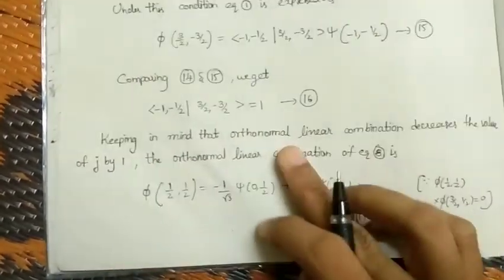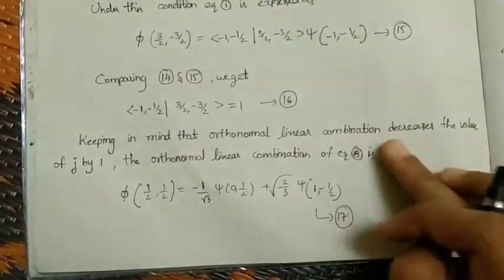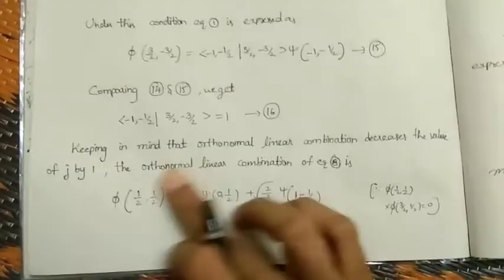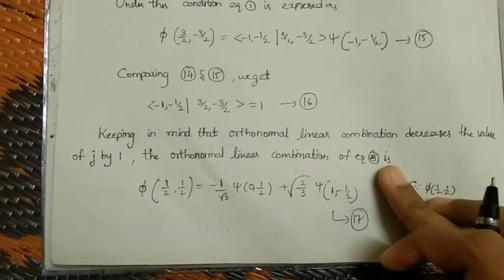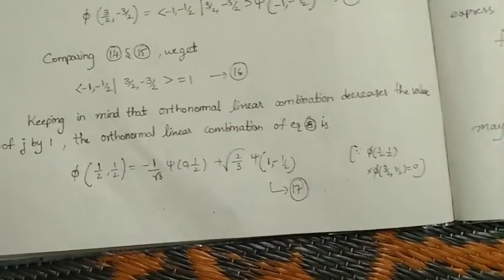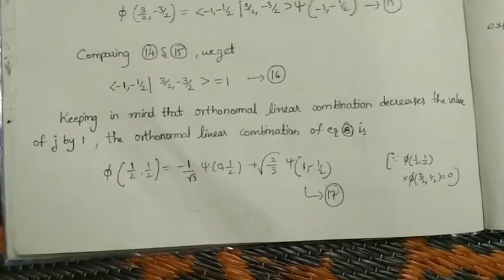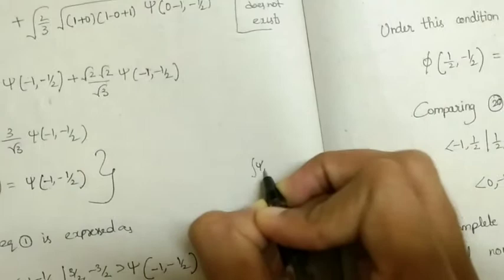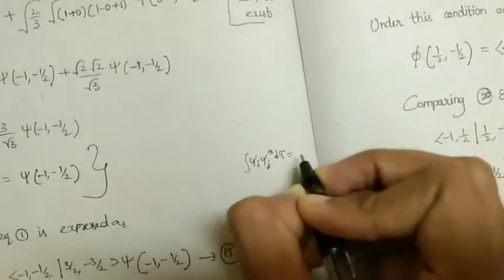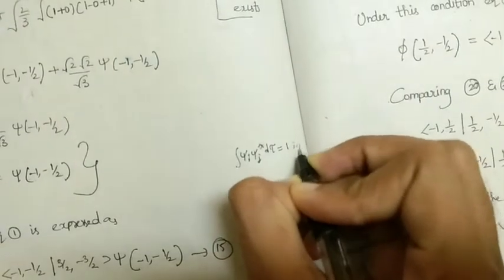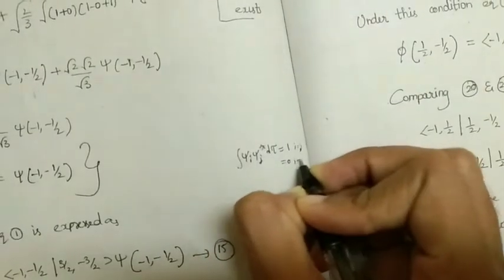So keeping in mind that orthonormal linear combination decreases the value of j by 1, the orthonormal linear combination of equation 8 is. So orthonormality, as we know that integration of psi i psi j star d tau equals 1 when i equals j, equals 0 when i is not equal to j.